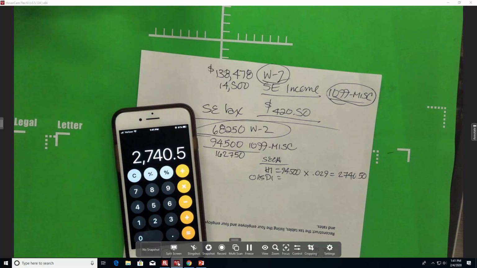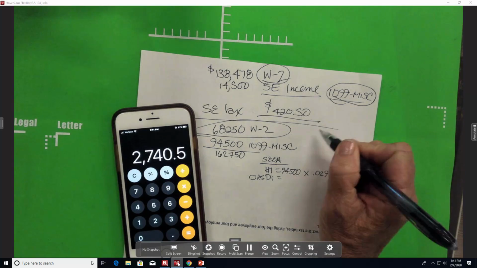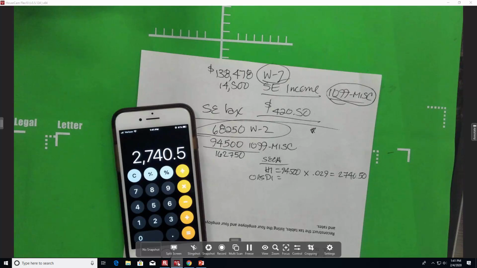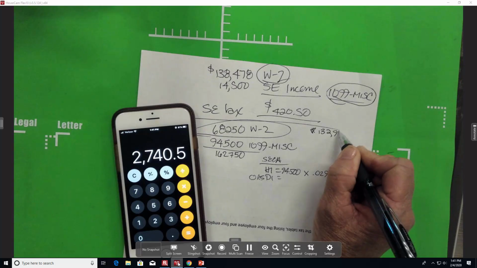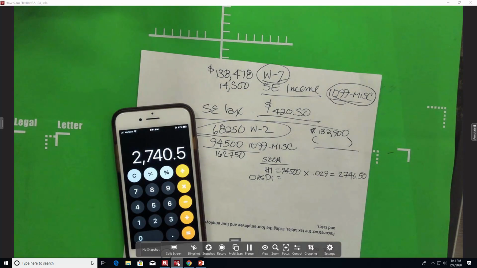Now with OASDI, what's the issue? Right, so he's got to pay, what's his wage base? In other words, is he paying on the whole 94.5? No, I'm only, how do I calculate the amount of the wage base? What minus what? Go ahead. It would be the cap minus what you already paid on. Yep, the cap minus what he's already paid on. What has he already paid on? 68,250.